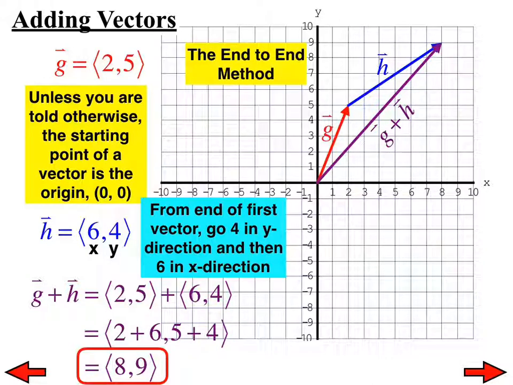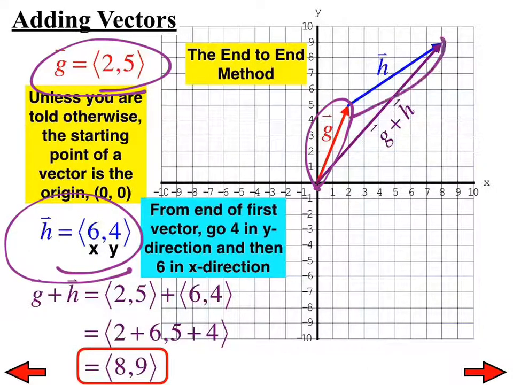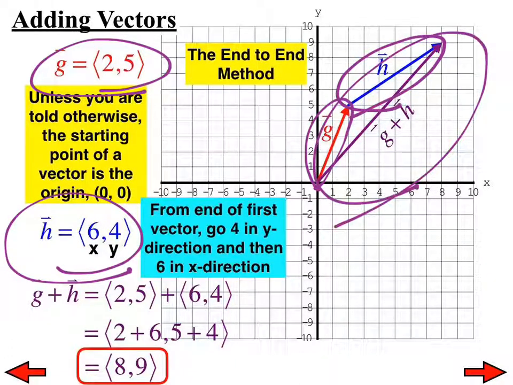So when we're adding vectors via the end-to-end method, we need the first vector, which is there. And then from there, we're going to draw vector H, and then we always end it with drawing the resultant vector. And this vector right here is that resultant vector.